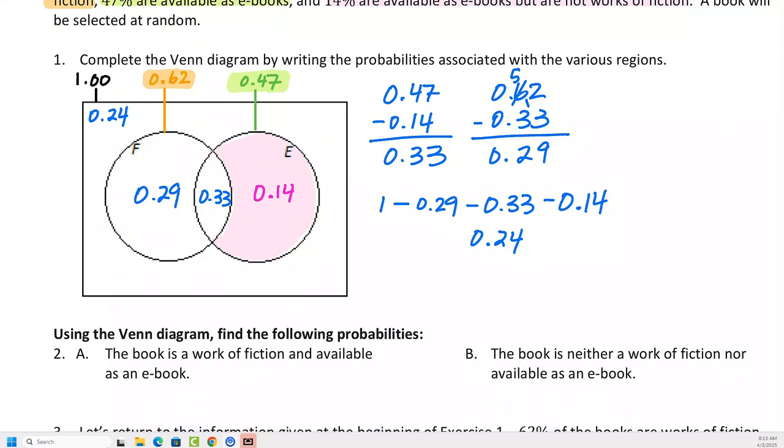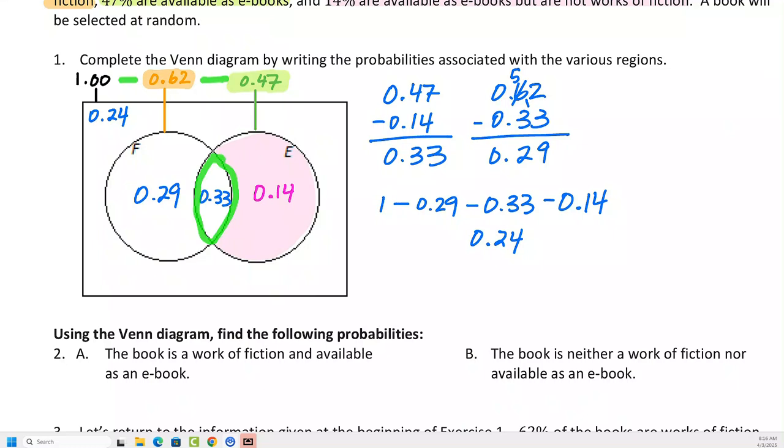Would it be faster? Could I just subtract these up here and do 1 minus the 0.62 minus the 0.40? Could I just subtract those? Can I? The answer is no, because the 0.62 contains this middle section, and that 0.40 also contains it.